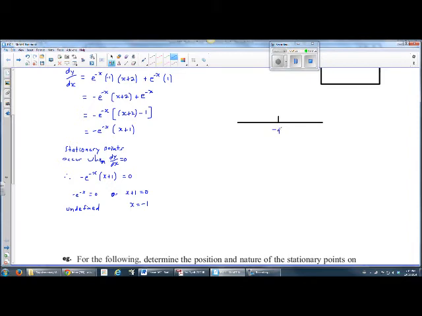So I will choose a value greater than negative 1, substitute it into the derivative, calculate that, and see if we get a negative or a positive. When I substitute in, say, 0 or 1 or 5 or 10, we get a positive in this bracket multiplied by a negative, and so we end up getting a negative here.